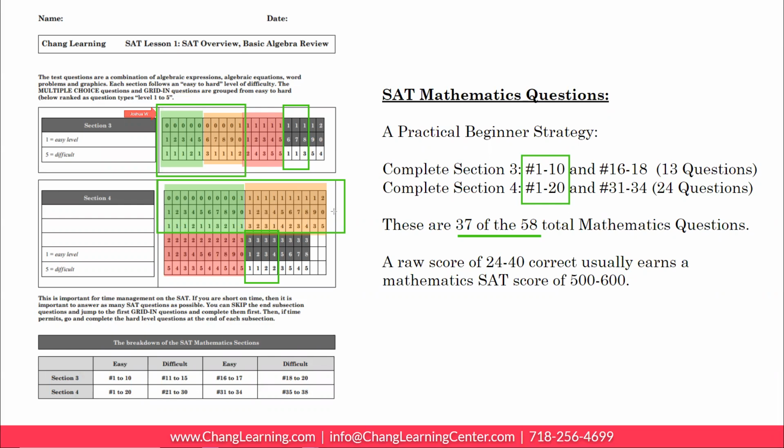For section 4, do the first 20, then go right to the grid-ins and do those 4, that's 24 questions. And if you have extra time, remember there's only 55 minutes total, then go back and complete the other 14 questions in section 4. All right, this is a very practical and useful strategy for getting a higher score on your SAT.